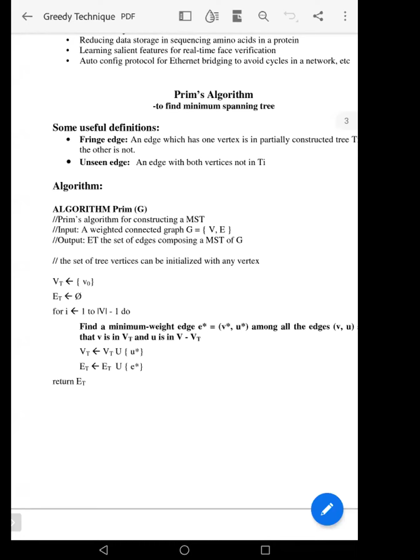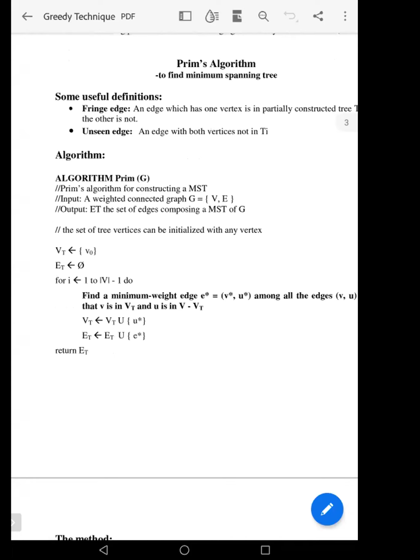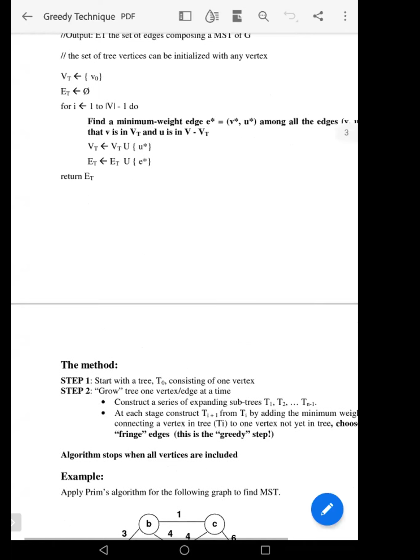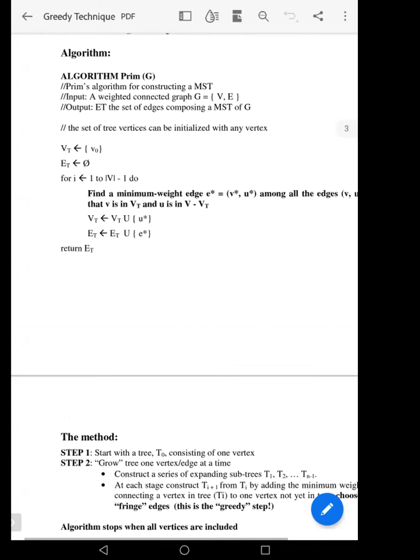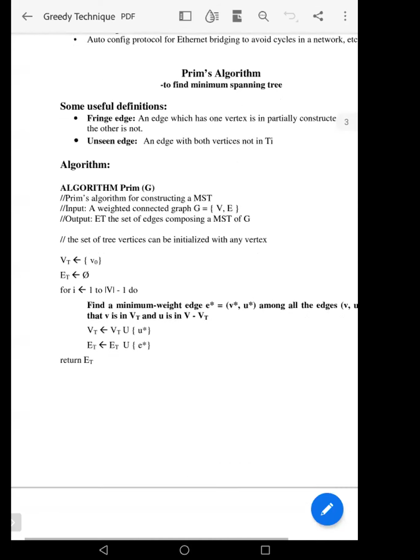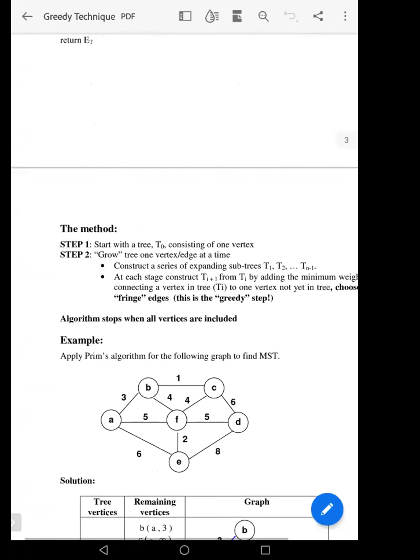But in design techniques, understanding the procedure is important to solve the problem. The analysis mainly depends on the number of vertices and the number of edges of the graph, because it is a graph. Later on I will discuss the time complexity.